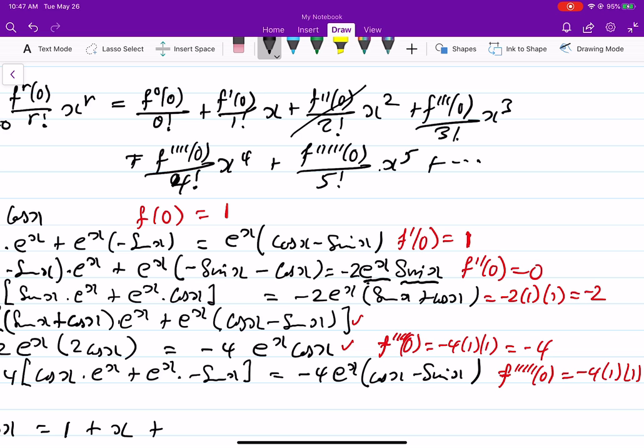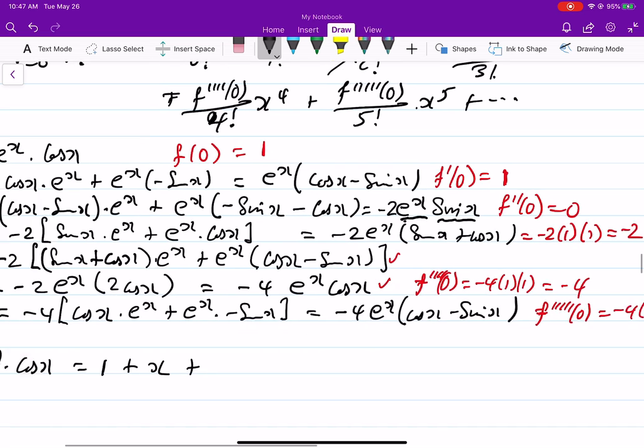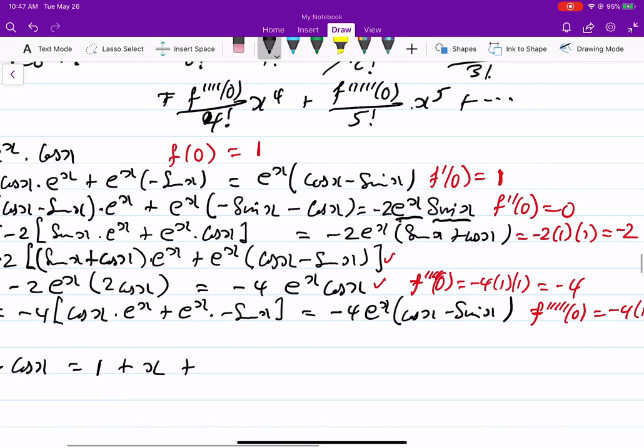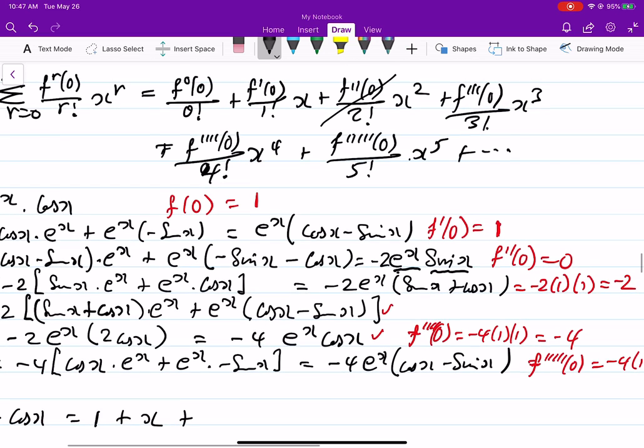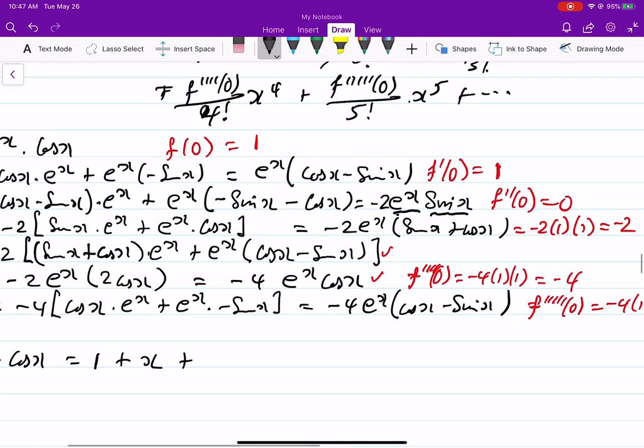F triple prime is minus 2. So that's minus 2 upon 3 factorial, which is minus 1/3, times x cubed.